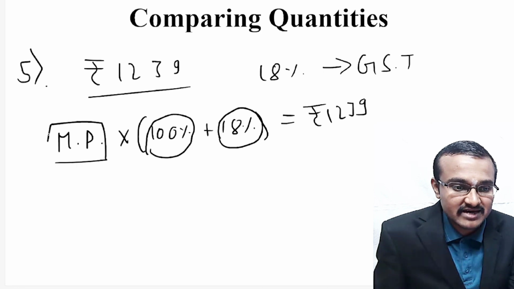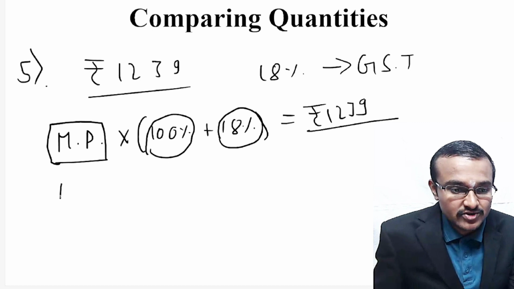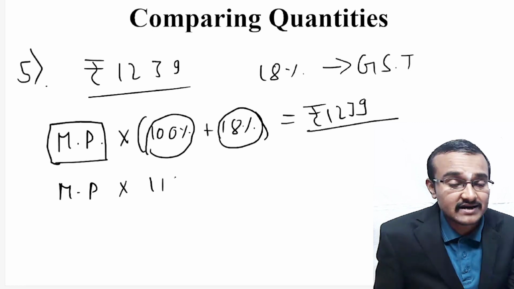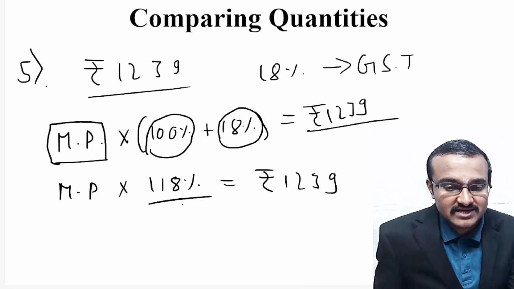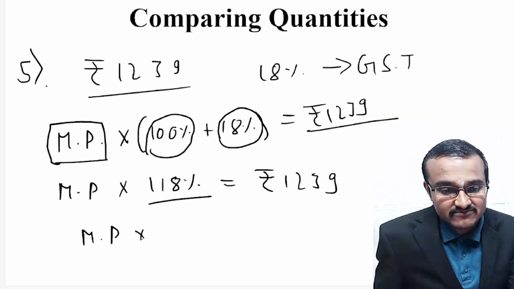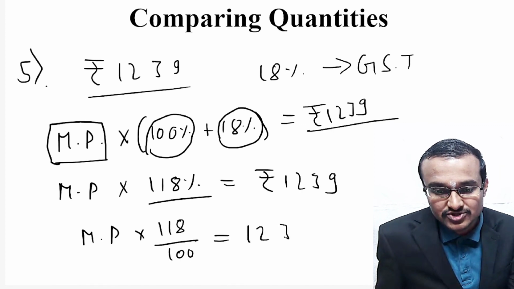That should be multiplied with the market price to get the total value 1239. So market price into 100% plus 18%, that is 118%, is equal to 1239. Now you can convert this 118% to a fraction. That will become 118 by 100.